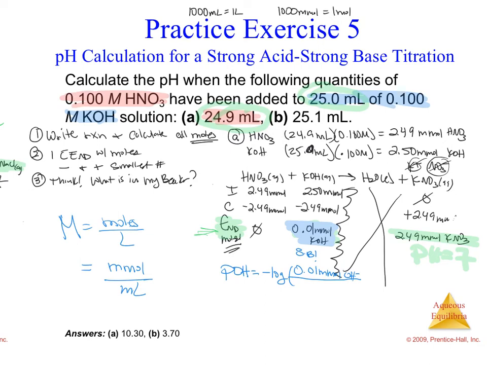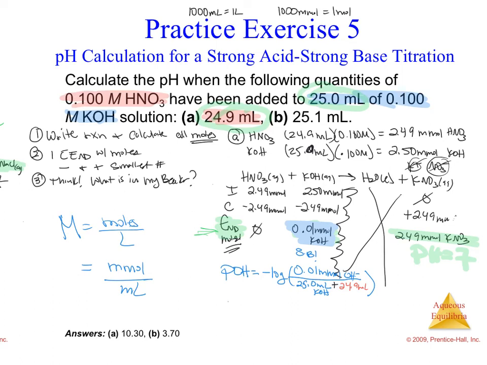So you add up the volume of the solution in your beaker plus the volume of solution you added from the burette. So I know I had 25.0 milliliters of the KOH that I added into my beaker to begin with, and then I added 24.9 mils of the acid from the burette.